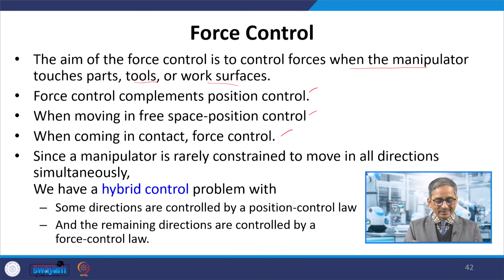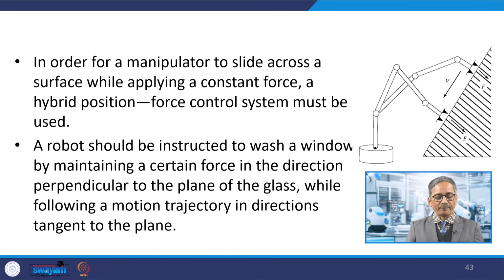Okay, and since a manipulator is rarely constrained to move in all directions simultaneously, we have a hybrid control problem. That is, some directions are controlled by a position control law, and the remaining directions are controlled by a force control law. In order for a manipulator to slide across a surface, for example over here, while applying a constant force in this direction, we need a hybrid position force control system.